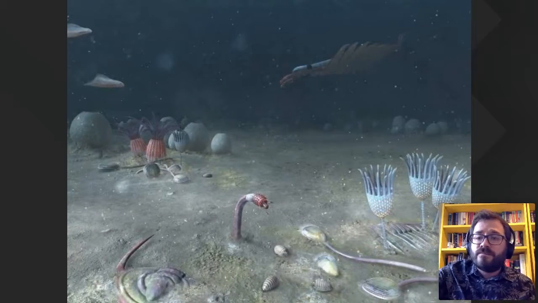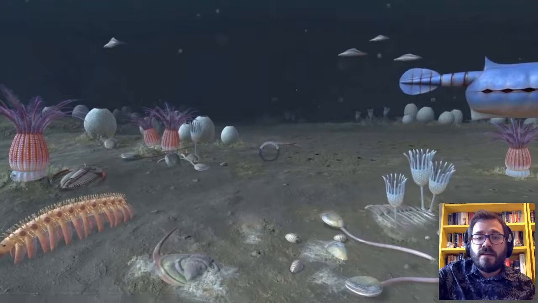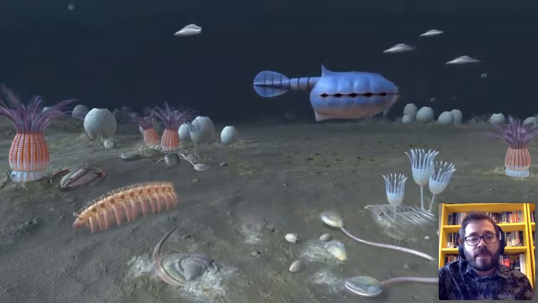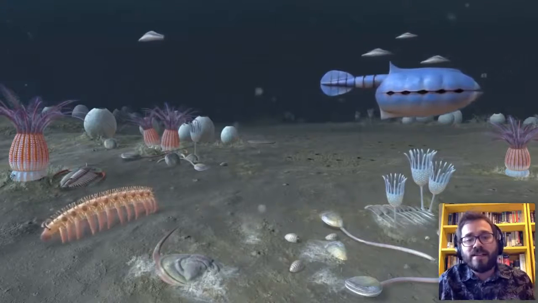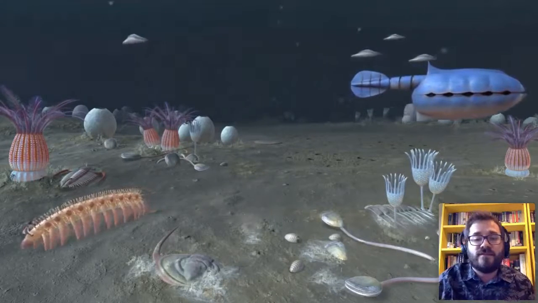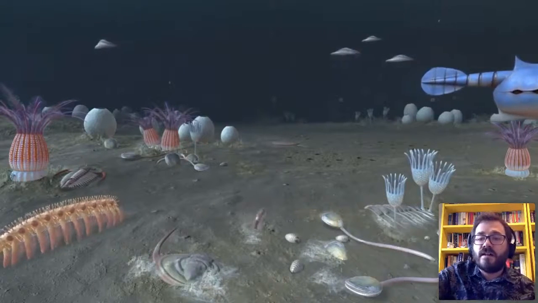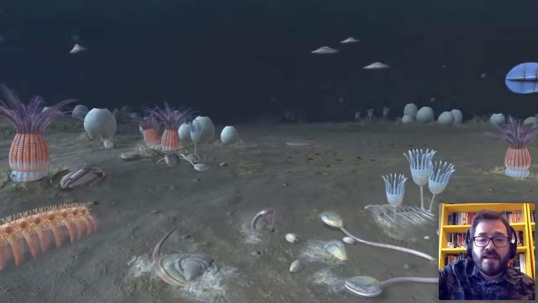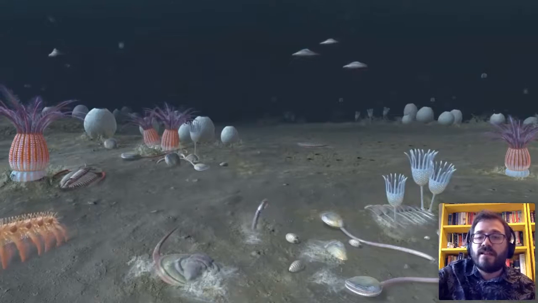And eventually we get ecosystems like the one represented here in this reconstruction of the Chengjiang biota, where although everything is still a little bit weird, we can place virtually all of these animals firmly into modern groups, and we've got a whole host of different things that have skeletons: brachiopods and sponges, and trilobites, like the one that's met its end towards the beginning of this slide.